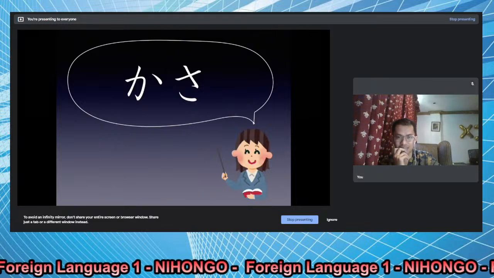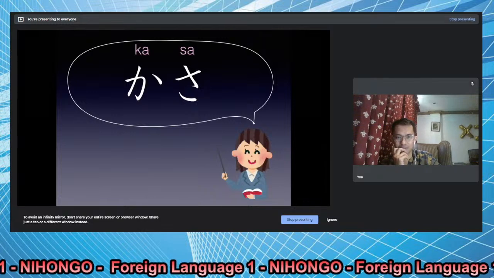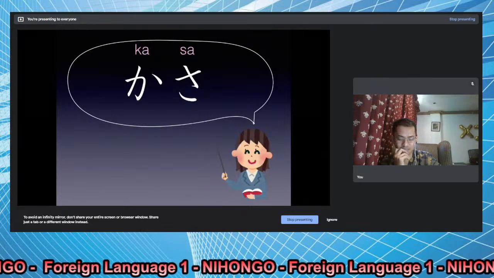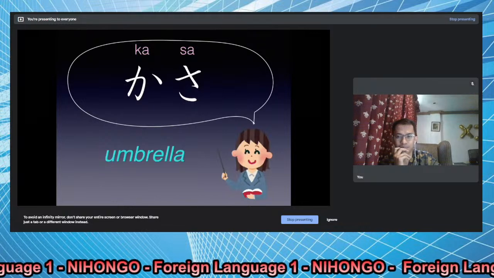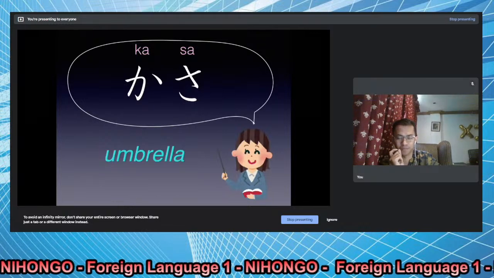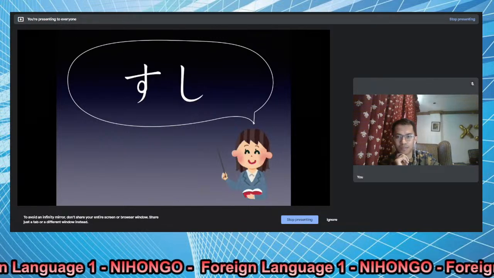What about this one? This is kasa. Kasa. Right? Kasa means umbrella in Japanese. Next one. How about this one?